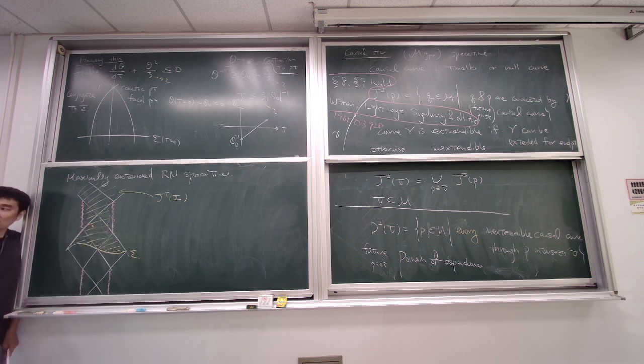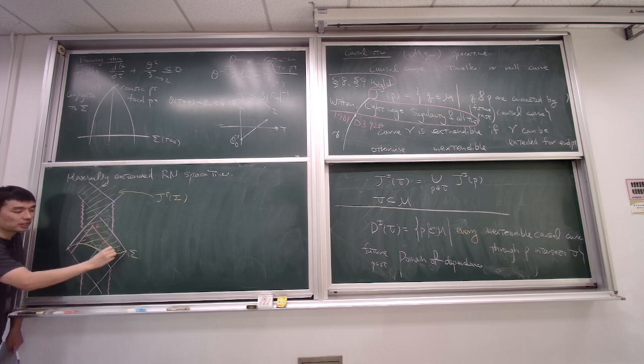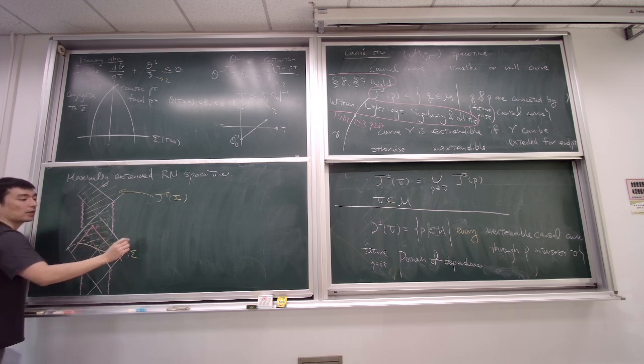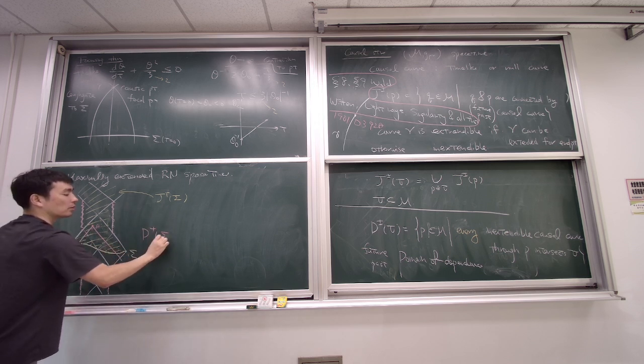Every inextendable causal curve through point P intersects sigma. Do you understand what I mean? So this P is inside D plus of sigma.